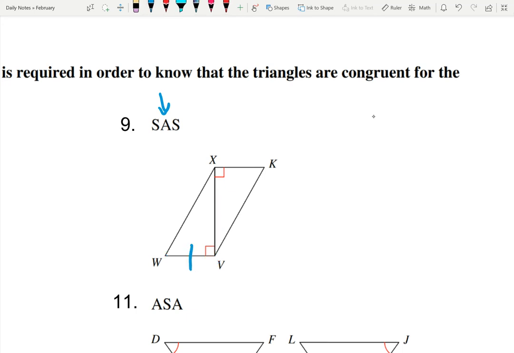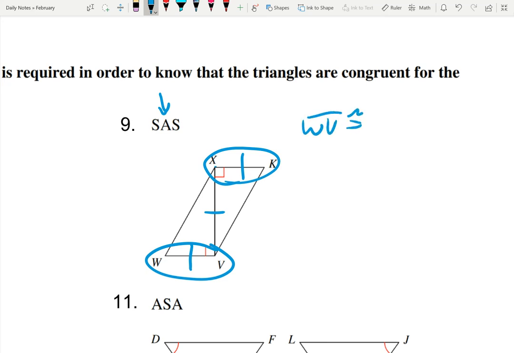And if we look at the other triangle, the one on the right here, again, we already have this side. We have this side, we have the angle here, so we would need this top side to be congruent so that the angle can be between those two sides. So what we're looking for is we're looking for WV to be congruent with XK.